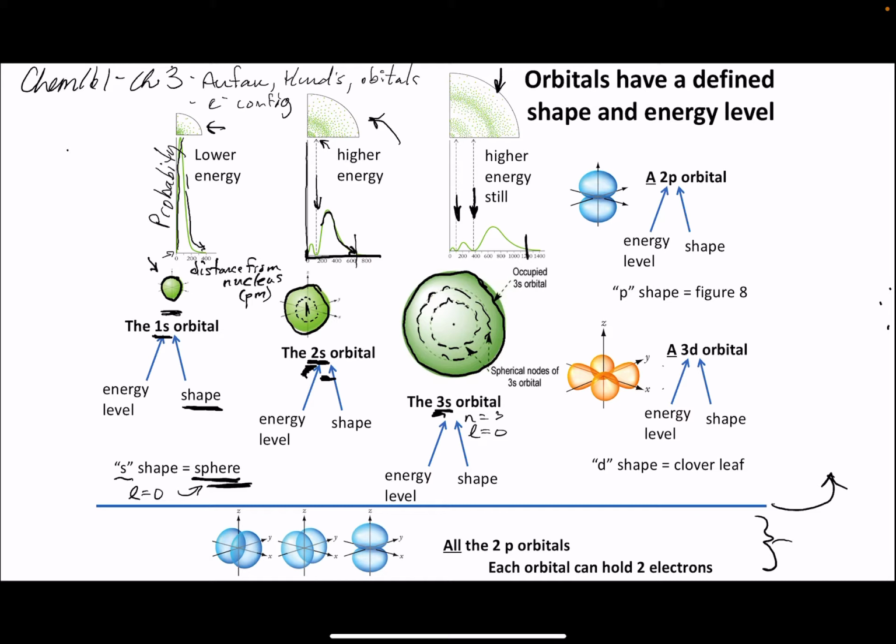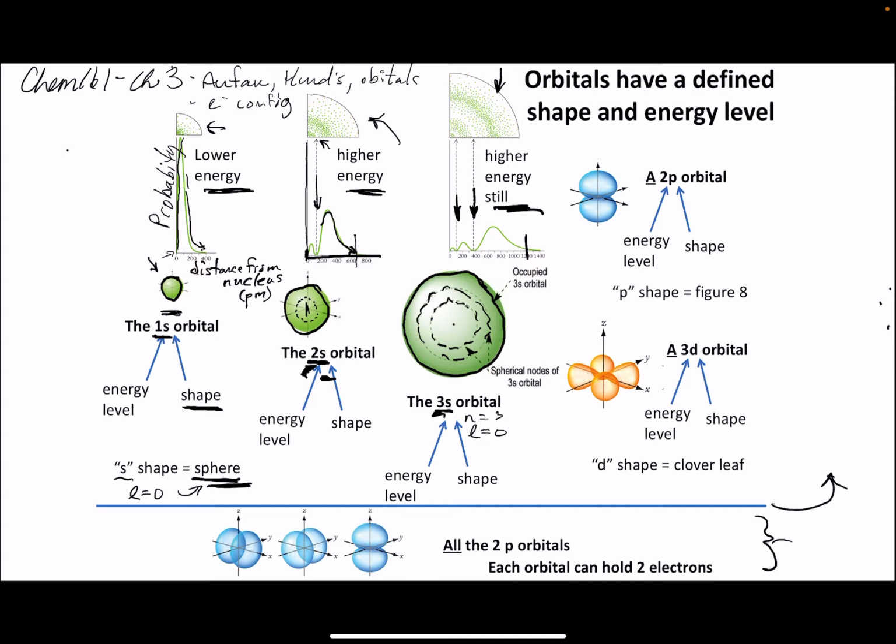We weren't able to put it on this slide, but 4s orbitals are known, 5s orbitals are known, 6s orbitals are known. So the idea that the energy level of the s orbital series continues to increase as we increase n is correct, and that the size of the s orbitals tracks with the n value is also a correct idea.